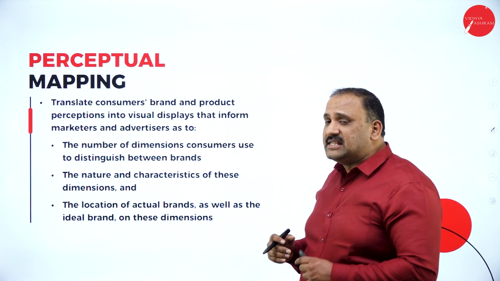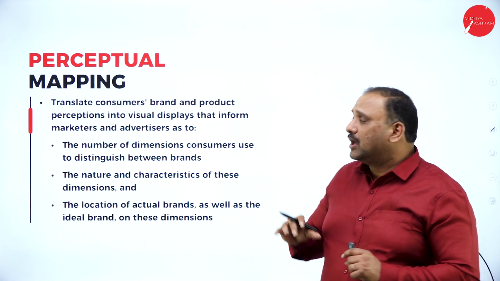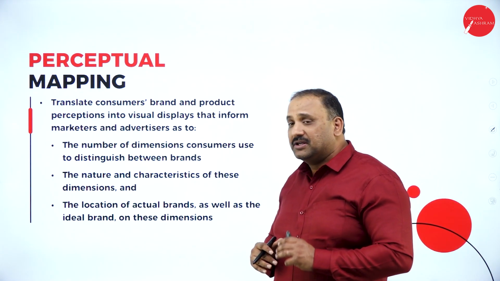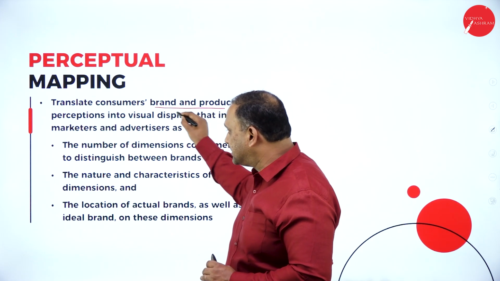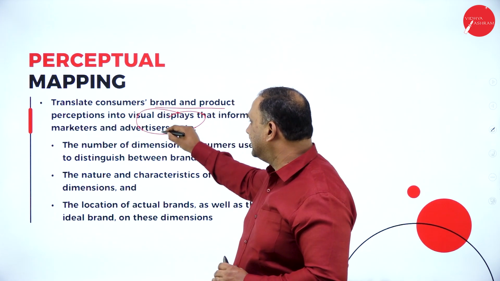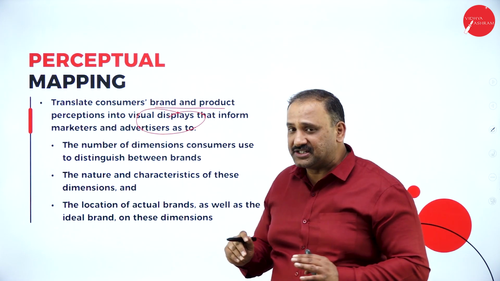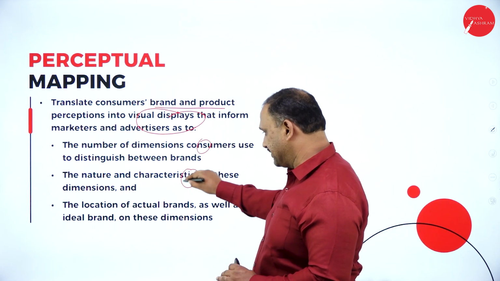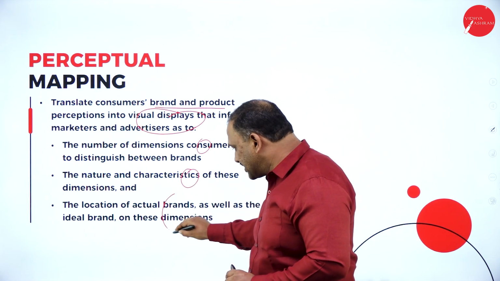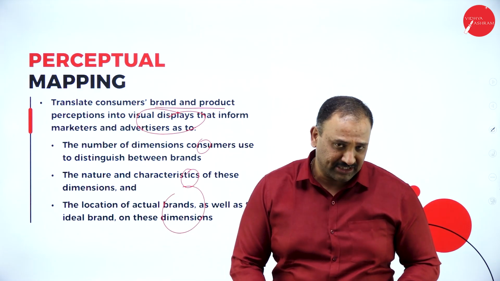The next thing is the perceptual mapping. Now, what is a perceptual mapping? It translates the consumer's brand and product perceptions into visual displays that inform the marketers and advertisers as to the number of dimensions, nature and characteristics, and location of the actual brands.